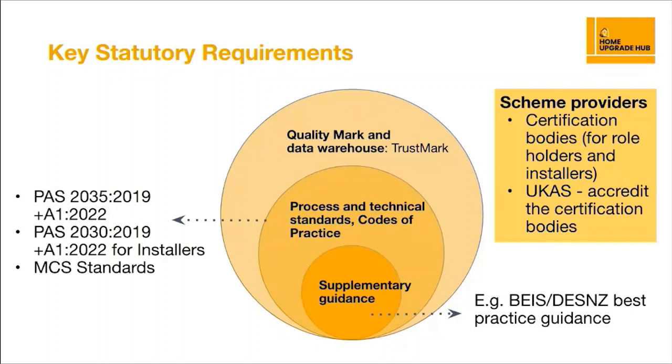So they certify, and importantly as well, they require ongoing demonstration of competence by those people. And then there's also certification bodies for installers as well. So as an example, if you were an external wall insulation installer, you may be a member of a body like INCA. And then UKAS are the people that sit above the certification bodies and accredit them.